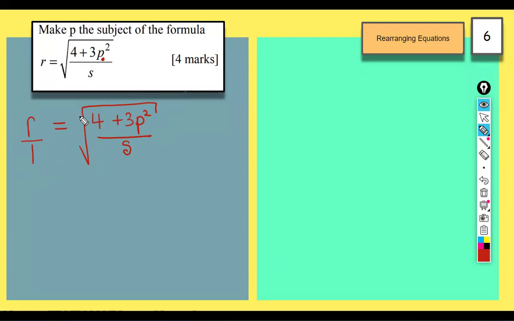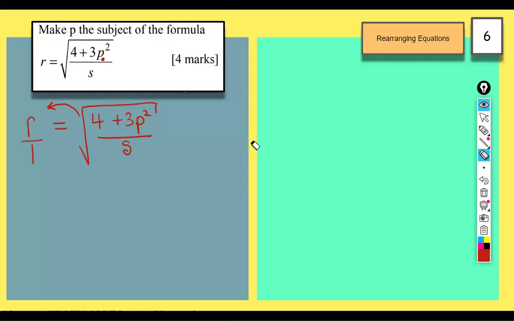So, shouldn't we throw across the square root first? You think you all could do that step for me? Get rid of that big force field. And remember, R is the same thing as R on 1, just like how 7 is the same thing as 7 on 1. Dividing something by 1 doesn't make it any different.